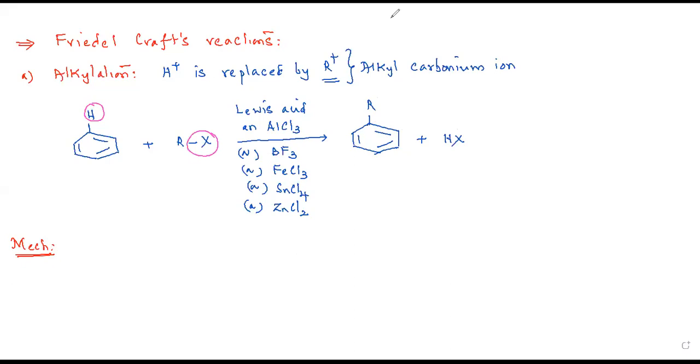Now the mechanism. The first step is the generation of electrophile. Let us take alkyl chloride along with a Lewis acid AlCl3.